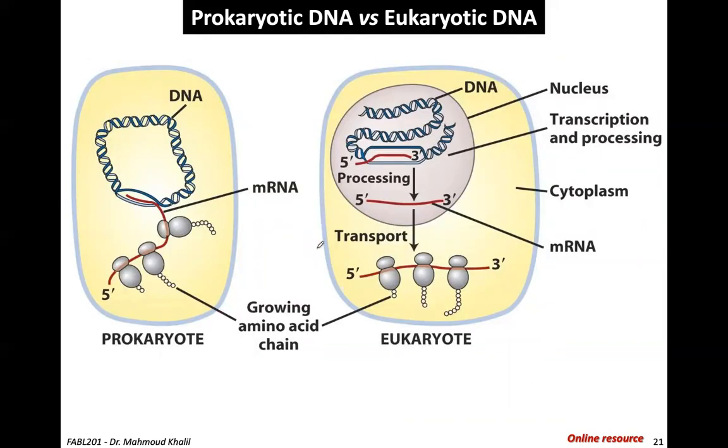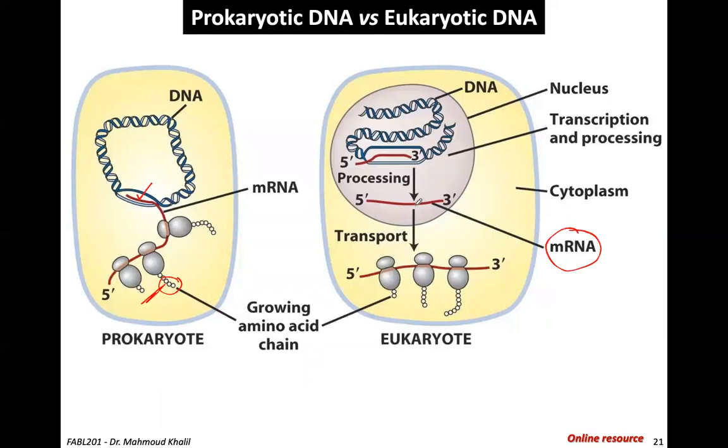As well, one of the important differences between the prokaryotes and eukaryotes is that in prokaryotes there is a coupling between the processes of transcription and translation. The RNA can be transcribed and the end of the RNA can undergo translation to form a protein. For the eukaryotes, the story is different. The transcription leads to the formation of a messenger RNA.